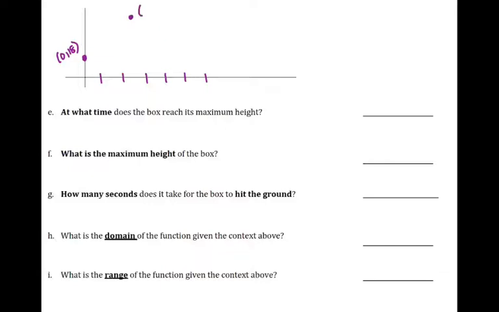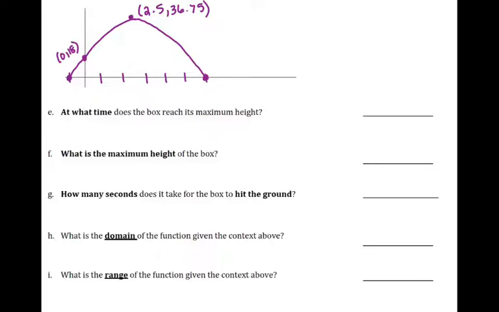It's just an overall sketch. You have your x-intercepts at (negative 1, 0). So that's this one over here, and (positive 6, 0). So 1, 2, 3, 4, 5, 6. Okay. So here is a sketch of what's happening to that box that's being thrown off of the Aurora water tower.